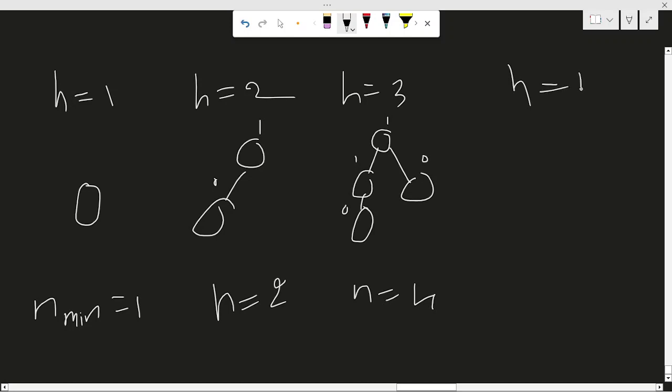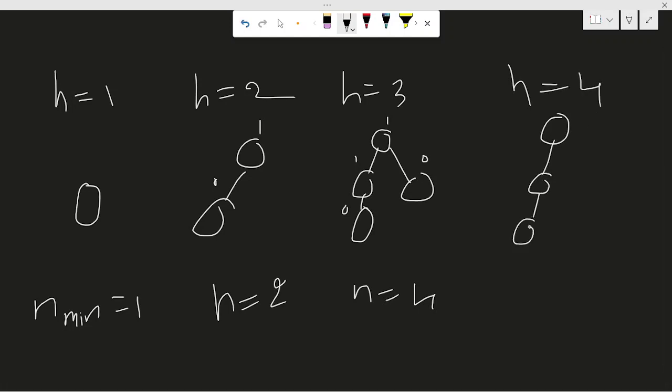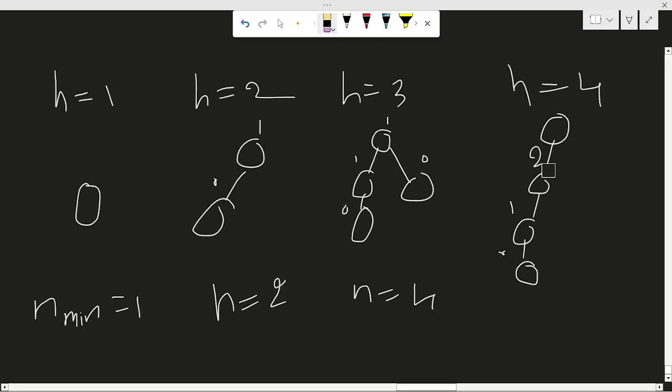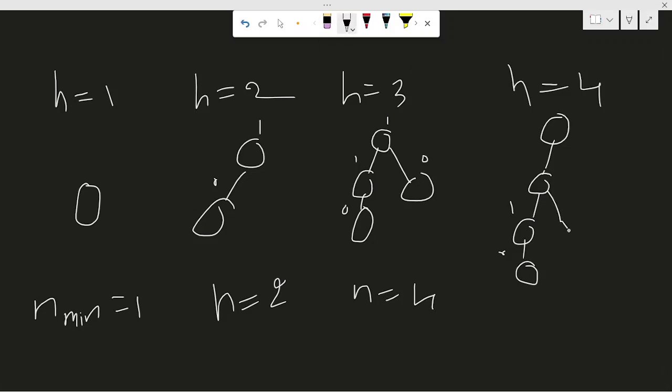Let me take another last example, and I will explain completely how it works. So h is equal to 4. When h is equal to 4, you definitely need to reach till h is equal to 4, provided that height starts from 1. So here it is 0, this is 1, this is 2. So it is becoming 2. How to make it 1? Simple. Add one node here. So 2 minus 1 is 1. Okay.